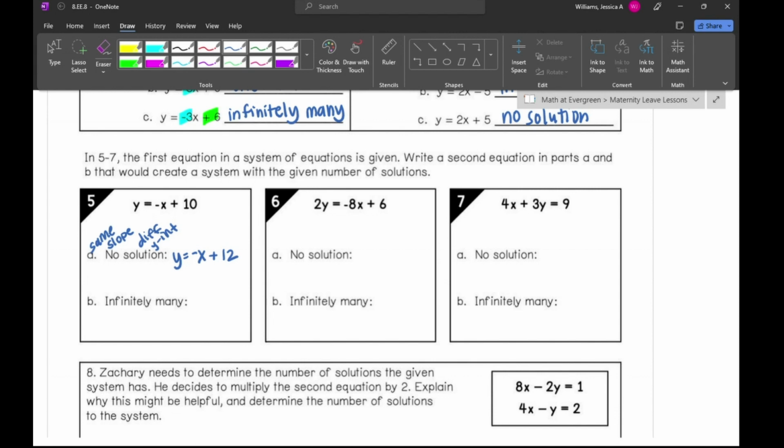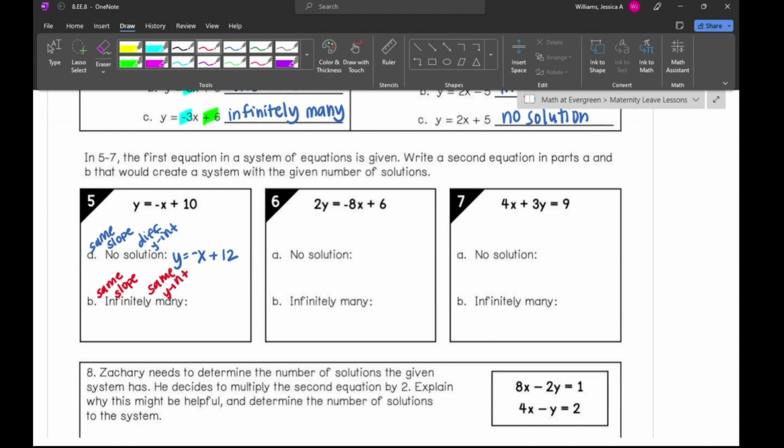Awesome. Infinitely many. You're going to turn and talk to your partner and you're going to explain what the equation would look like regarding slope and y-intercept if we're looking for one that would be infinitely many solutions. So turn and talk, go. With infinitely many, this should be the same slope and the same y-intercept.